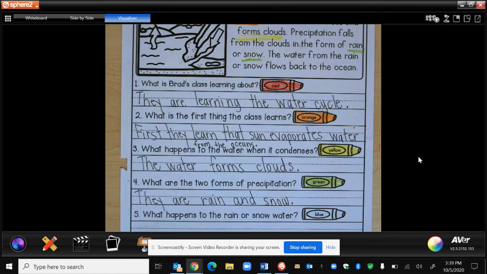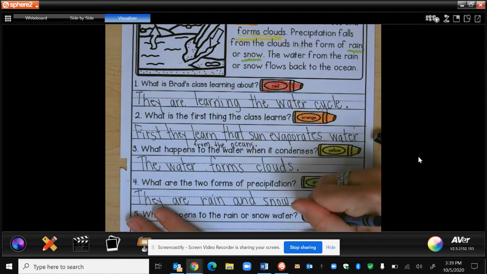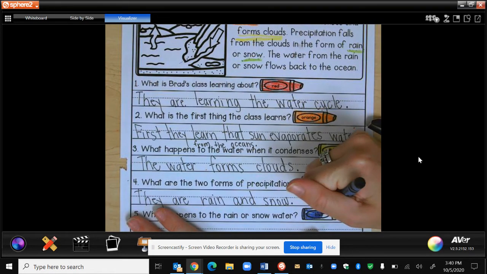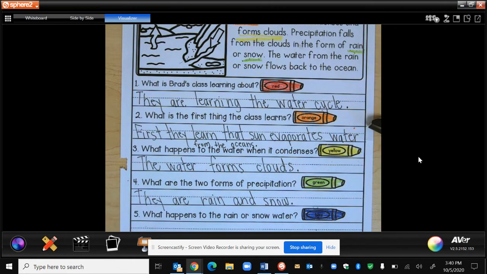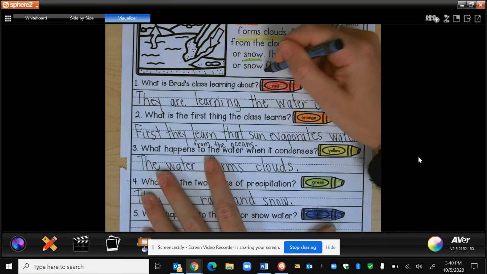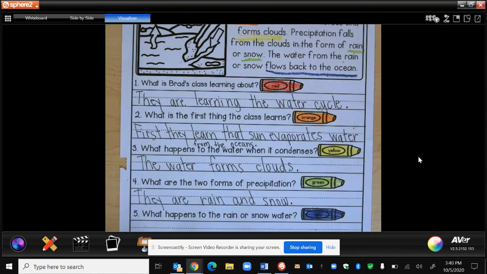The next sentence is a blue sentence. Let me color my blue here. What happens to the rain or snow water? Okay. What happens to the rain or snow water after it goes down? Well, let's look. The water from the rain or snow, what does it do? Flows back to the ocean.